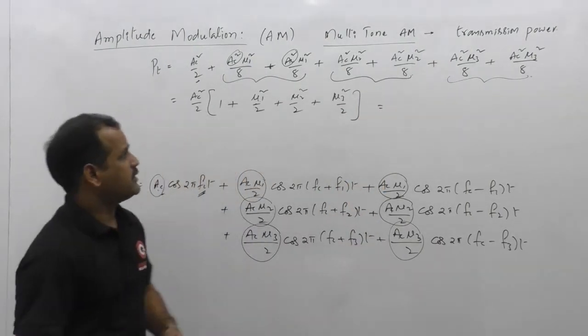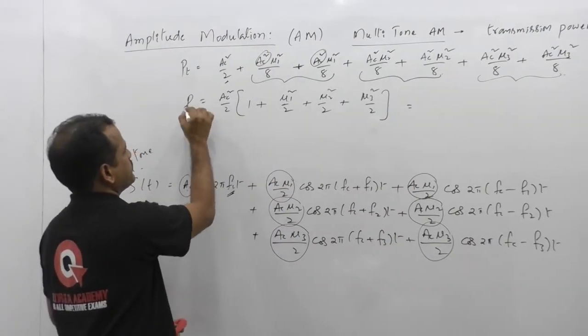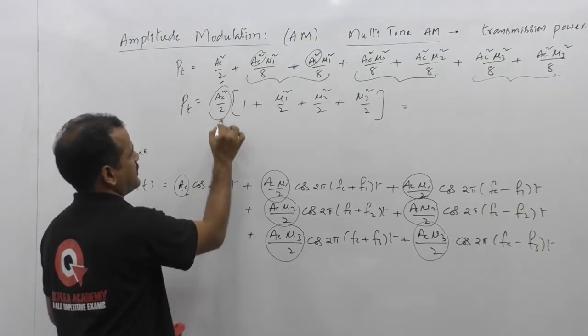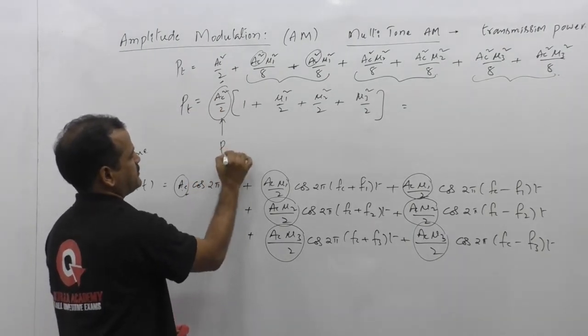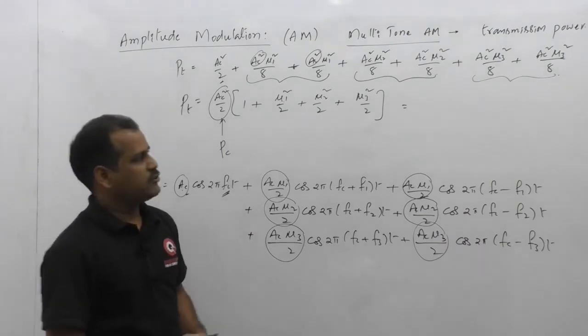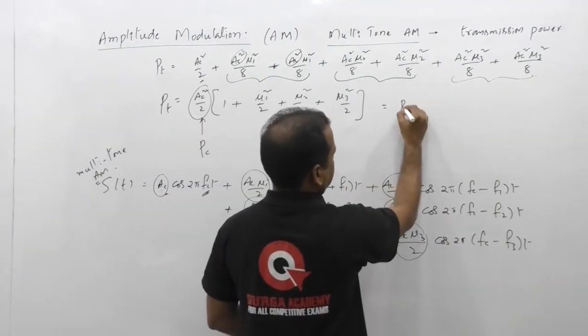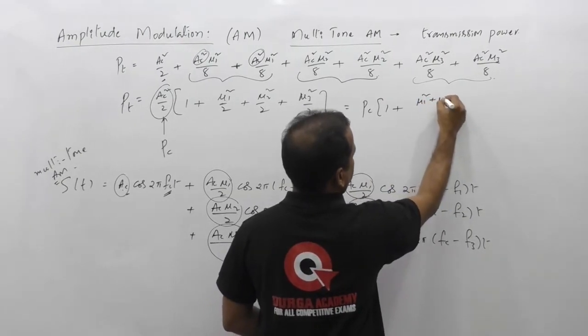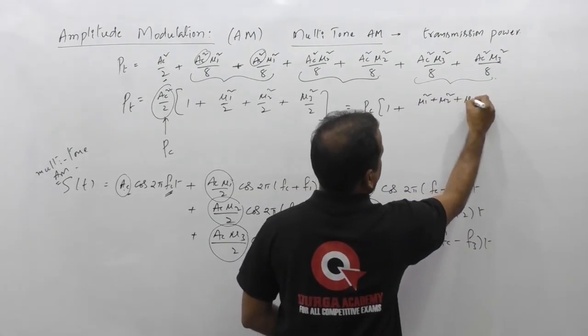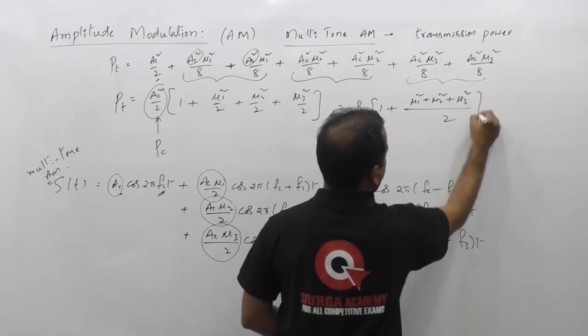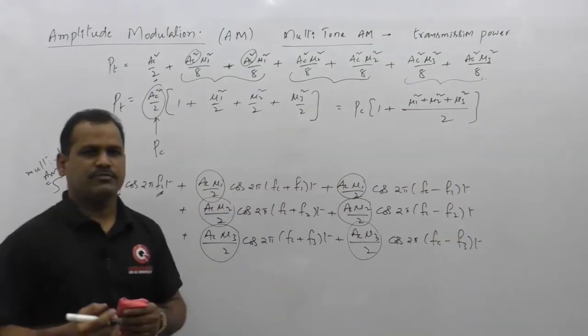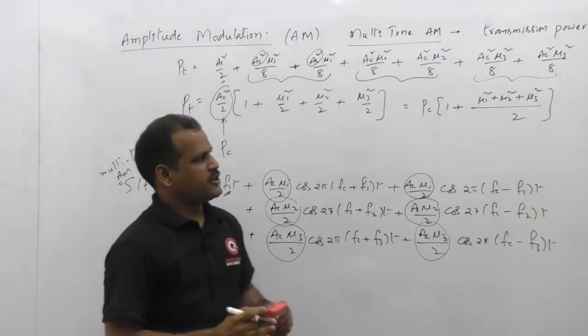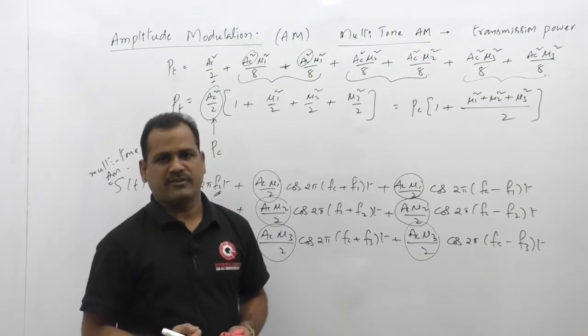Let us further write this expression. AC square by 2 is nothing but the carrier signal power, which I am writing as PC here. So this expression I am writing as PC multiplied by 1 plus mu 1 square plus mu 2 square plus mu 3 square, divided by 2. Observe that the transmission power for multitone is similar to the single tone AM transmission power.